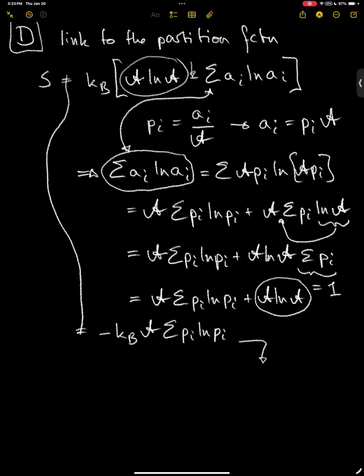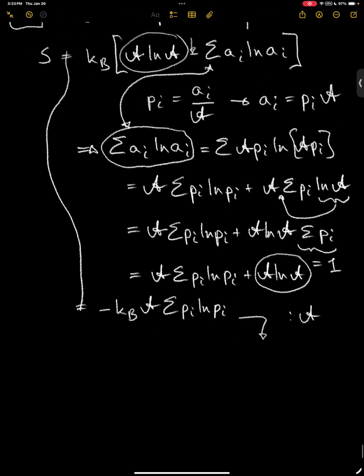If I divide by capital A, I find that my S of the system is minus k_B sum over p_i logarithm p_i.